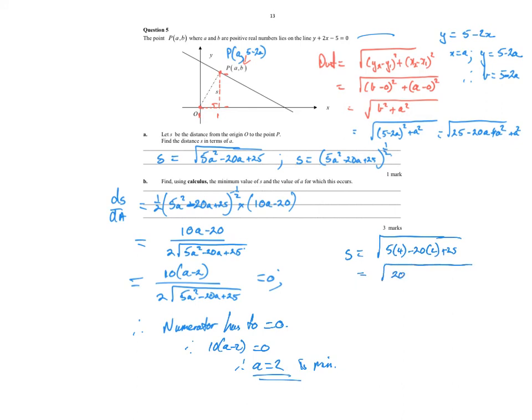That is 20 minus 40 plus 25, which is equal to the square root of 5. So the minimum value of s is root 5.